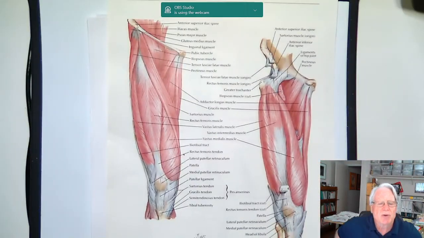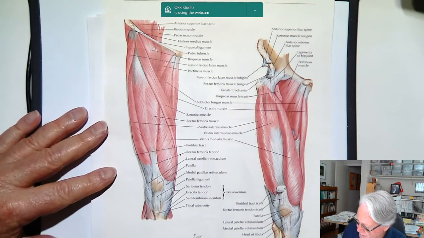The reason I'm going this direction in terms of format is because these four muscles are really acting as a group, and they're on the anterior portion of the thigh. Let's identify them.